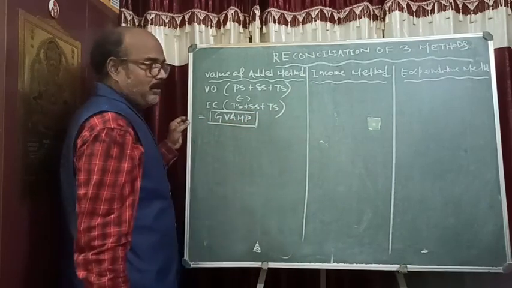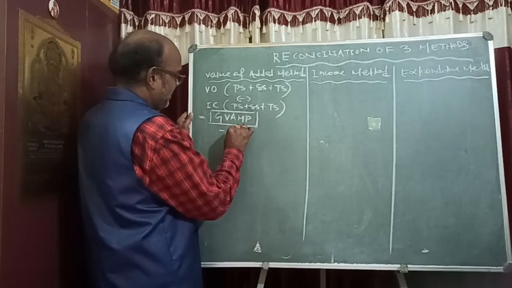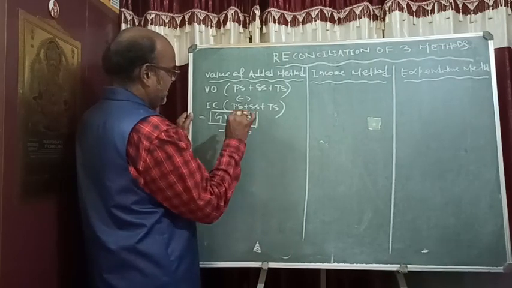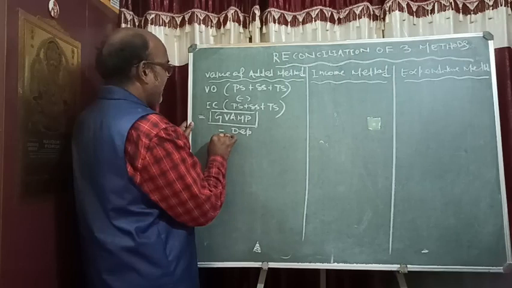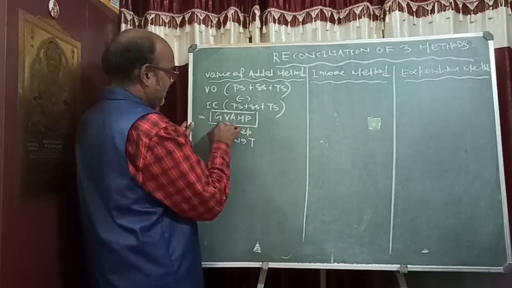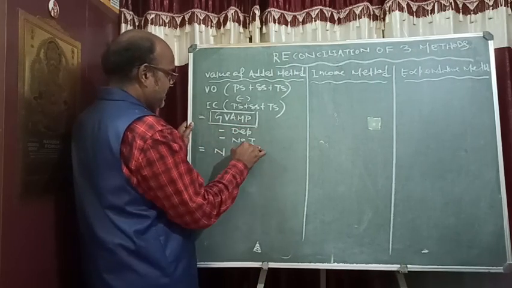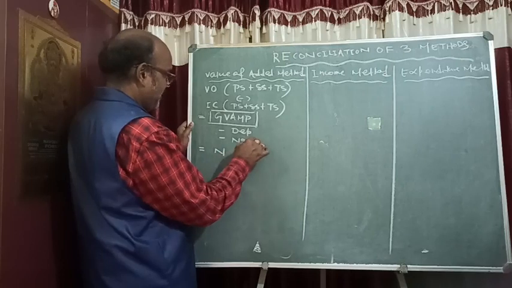Now from this gross value added at market price, you minus depreciation, then minus NIT. So ग्रॉस से डेप्रिसिएशन जाने से हो गया नेट, मार्केट प्राइस से NIT जाने से हो गया फैक्टर कॉस्ट.